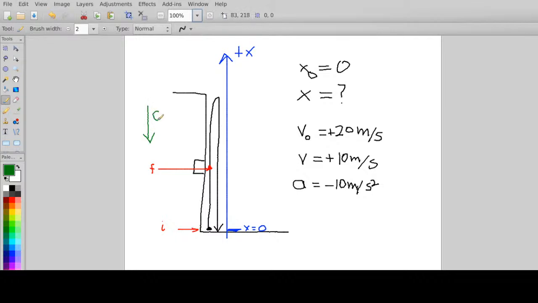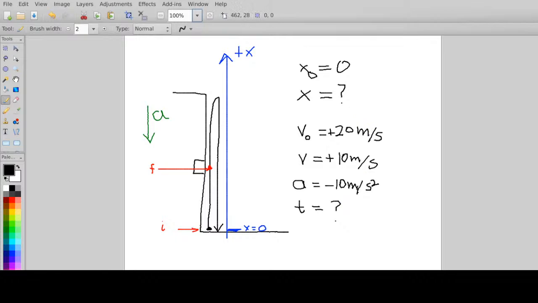That's gravity pulling you down. And then of course the time, and that's the time it takes to go from the initial to the final. We don't know that time. So that's what we have so far from the picture and the ruler there, the line in blue.